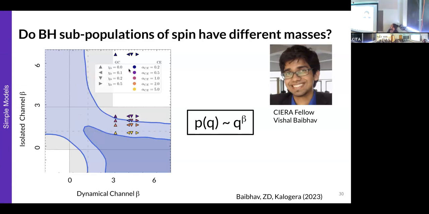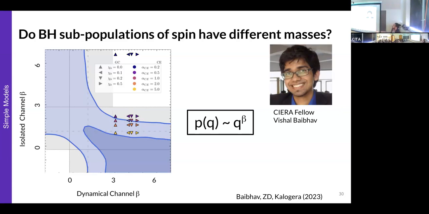And Vishal went and overlaid a few population synthesis results. These are using some of the detailed modeling, and he overlaid those onto this inference. I don't want to go too much into these models, but basically for globular clusters, changing the globular cluster prescription in this direction, you always seem to prefer very similar masses, and that's because of mass segregation inside of globular clusters, for example.